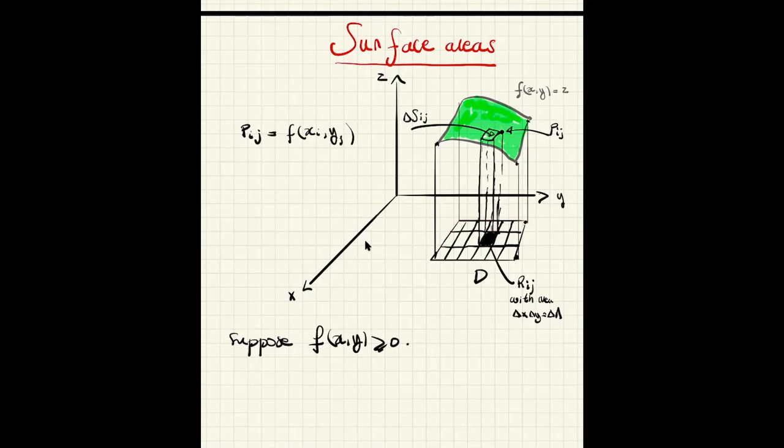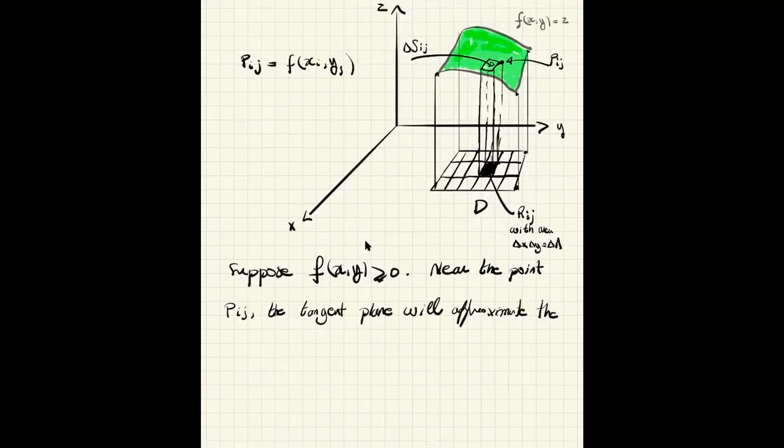So the fact is, if this function is continuous near the point P_ij, the tangent plane will approximate the function f(x, y).